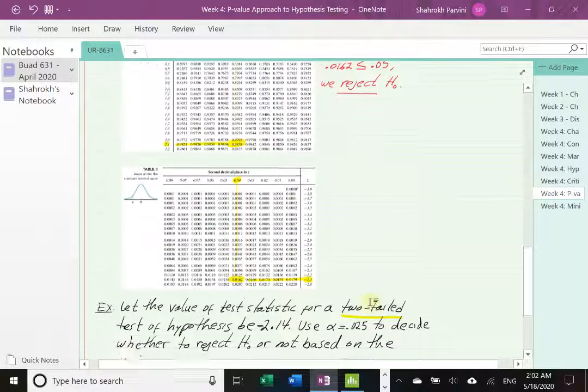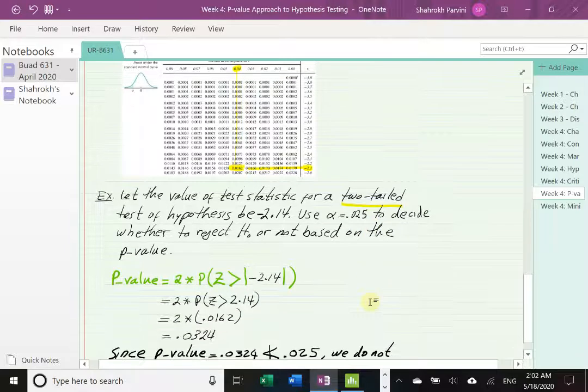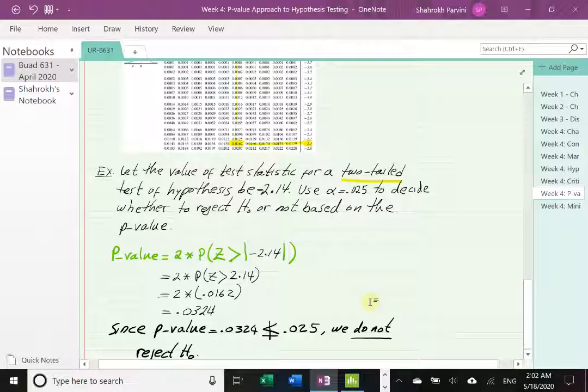Okay. And here's another example. This is for the two-tailed test. Let's say our test statistic for the two-tailed test turned out to be negative 2.14. Our alpha significance level, the size of our hypothesis test, is 0.25. What that 0.25 again means is this: we are willing to assume a 25 in 1,000 chance of making a mistake and falsely rejecting a true null when we shouldn't have.